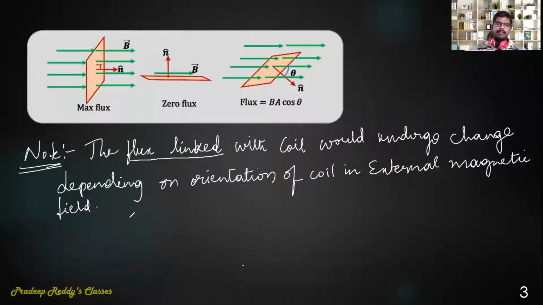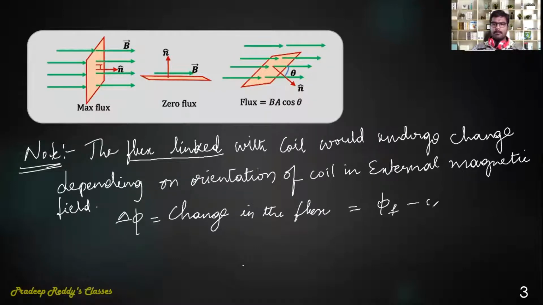Therefore, delta phi, what is this delta phi called? Change in the flux. Change in the flux is delta phi, which is equal to final flux minus initial flux.